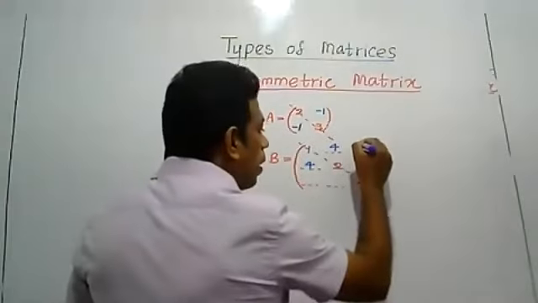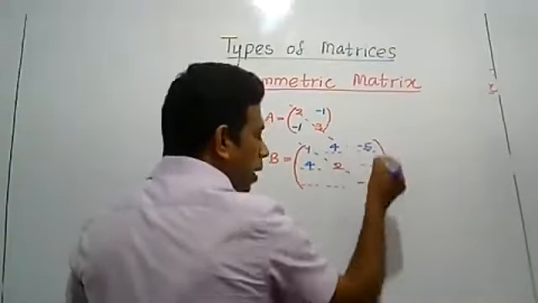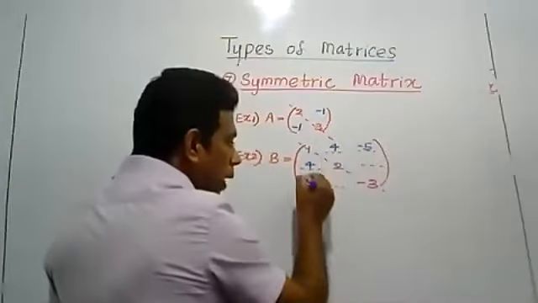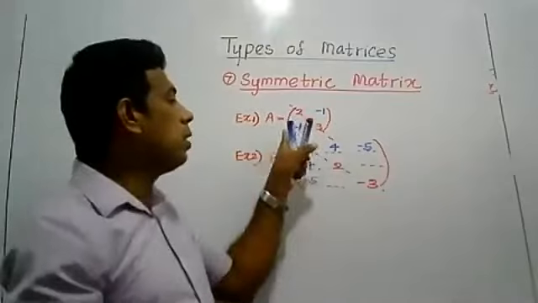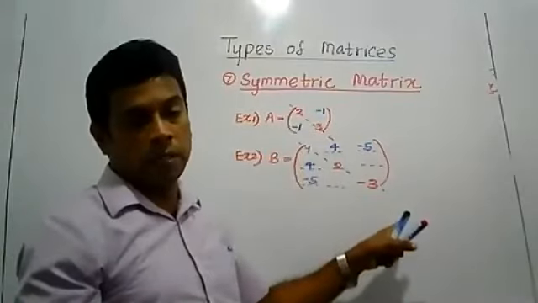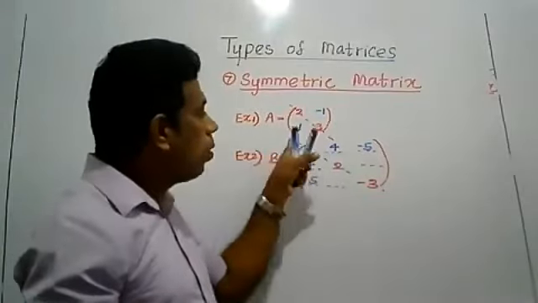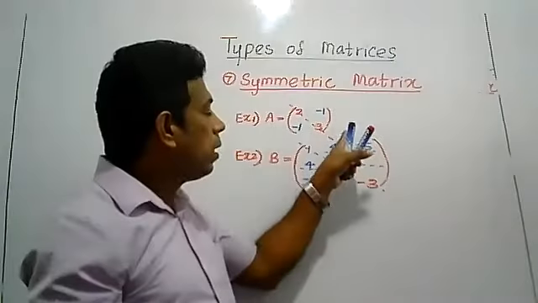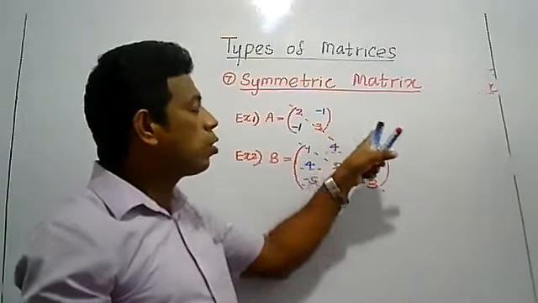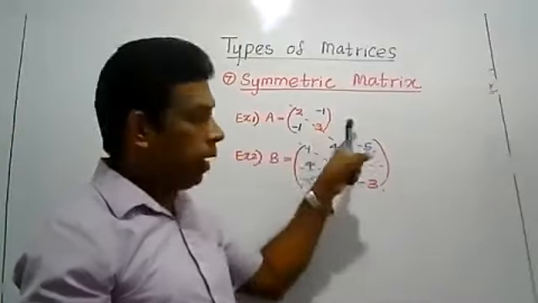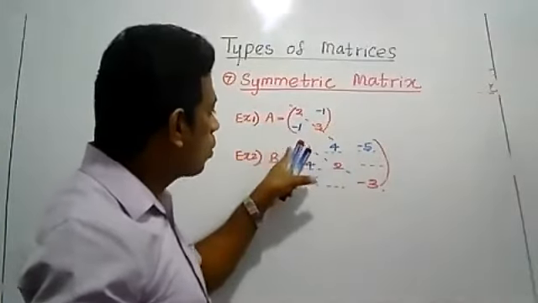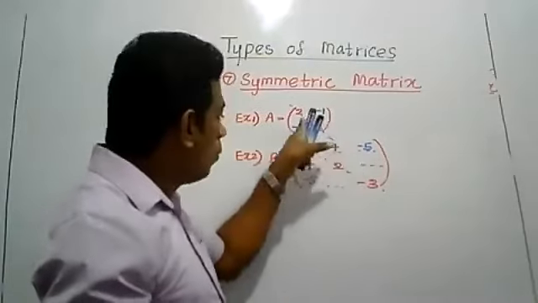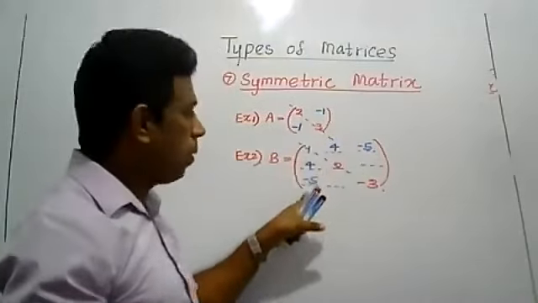Again, the element in this place I will write -5. Then the element here should be -5. This line works as a symmetrical line in a symmetric matrix. Around the symmetrical line, the elements on two sides should be equal. Same places represent same element. Here, first row, second column. Here, first column, second row, same element.